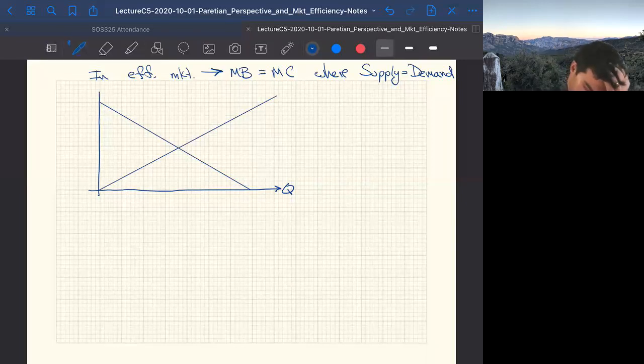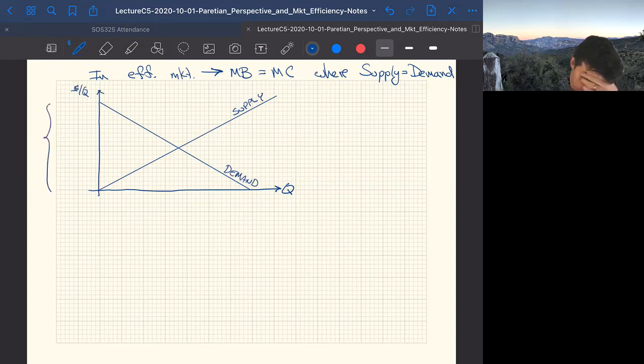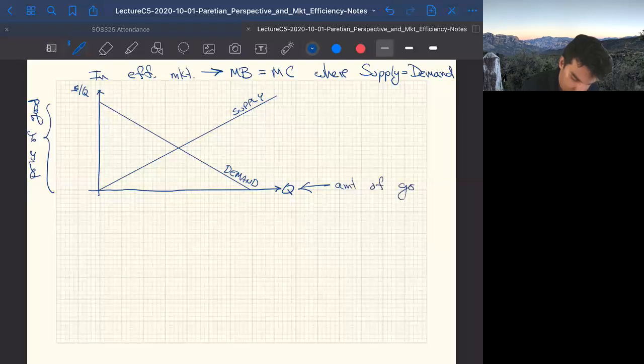I'll write this just as a reminder. This is our supply. This down here is our demand. And this here is dollars per Q, the price of the good. And this is the amount of good allocated to the market.